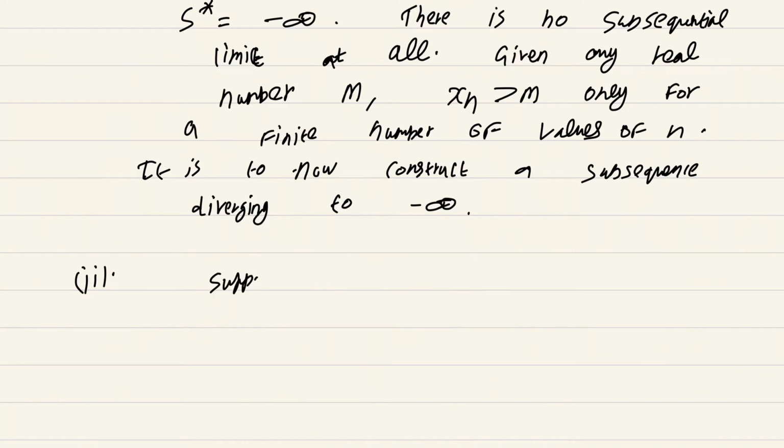Suppose this S star is a real number. It's a real number. Of course, if S star is plus infinity, there is really nothing to show. Okay, so suppose S star is a real number and x is greater than S star.